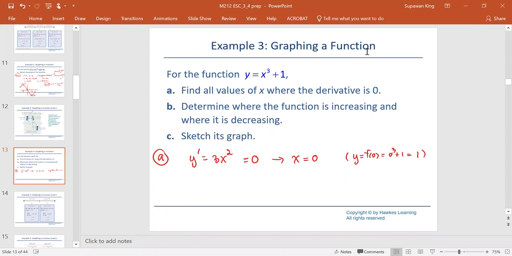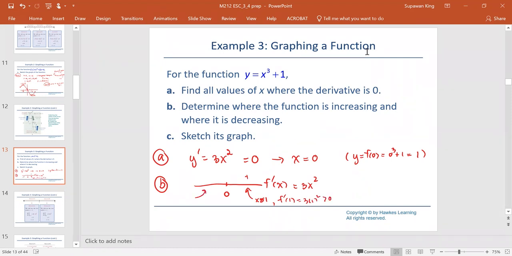And then part B, we identify the interval where the function is increasing or decreasing. Draw the real number line, locate the point 0, identify the sign of f prime, where f prime is 3x squared. For any value greater than 0, for example, x equals 1, f prime at 1 equals 3 times 1 squared, which is positive.